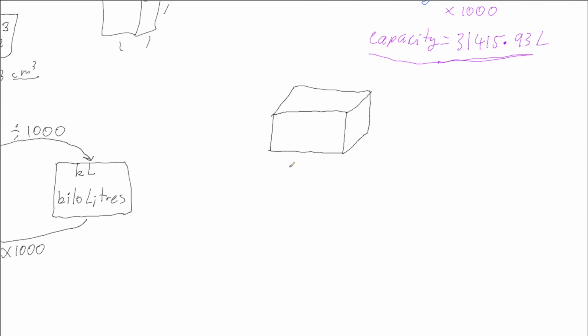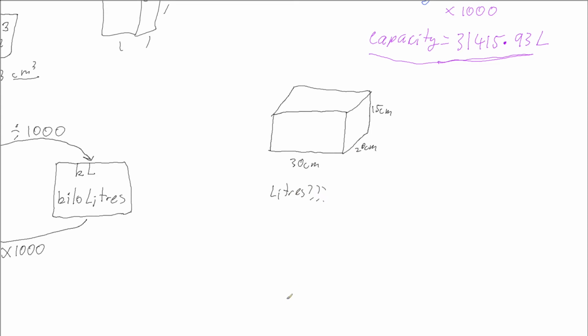So let's say we measure up this box and it is 30 centimeters in that direction, 20 centimeters in that direction, and 15 centimeters up. Okay, so now I want to find out the capacity of this, and let's find it again in liters.